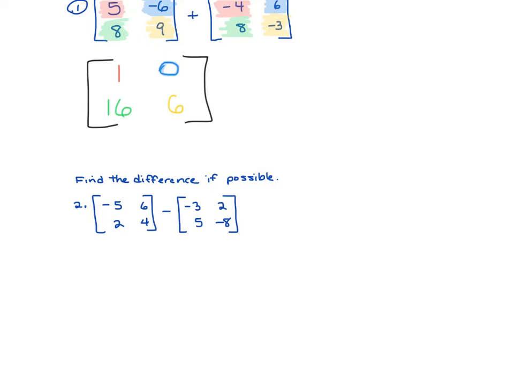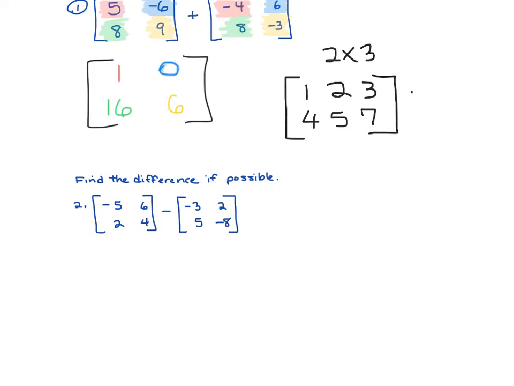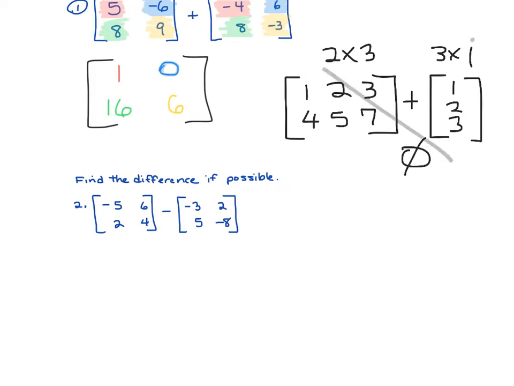So for example, before I do number 2, if I gave you a matrix that was 1, 2, 3, 4, 5, 6, and for example, this is a 2 by 3, and if I asked you to add that to a 1, 2, 3, so a 3 by 1, you would say that the answer here is no solution because they are not exactly the same dimensions. So this is what I mean by having the same dimensions. Has to have exactly the same number of elements in it.